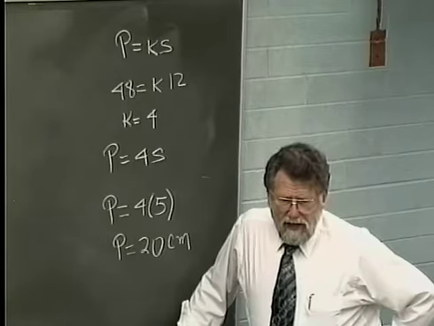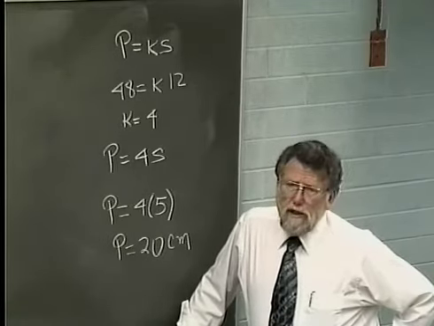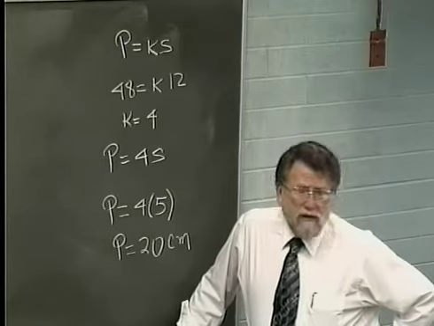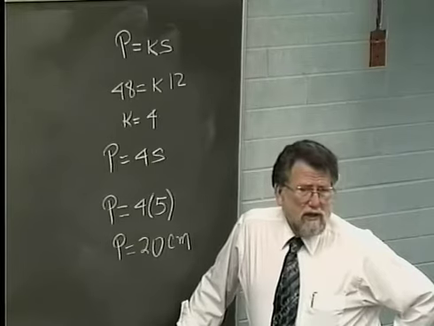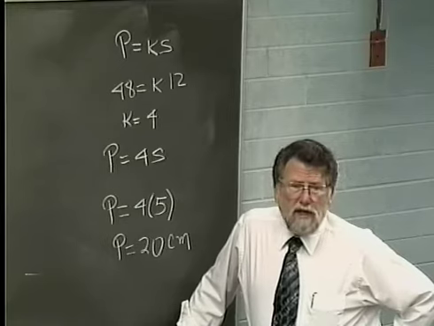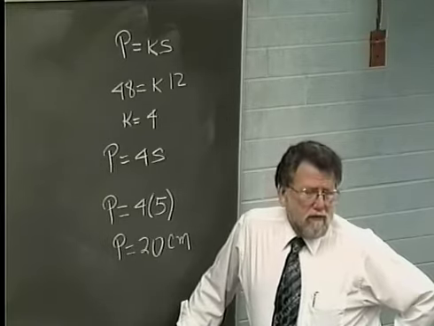So may I just remind you that volume is in cubic units, cubic feet, cubic yards, cubic centimeters. Area, square feet, square yards, square meters, square centimeters, and perimeter is just the unit itself, centimeter or inches or feet or yards.